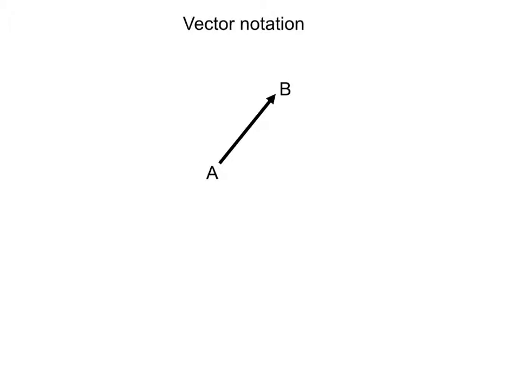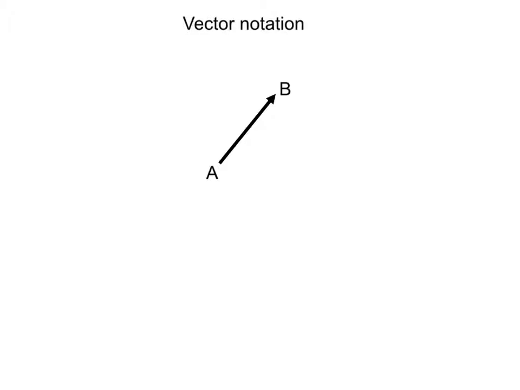Before we look at any more vector examples, we need to look at the notation we use to describe vectors. Vectors are always shown as an arrow pointing in the direction of the vector. In some cases, like this one, we mark out the starting point and the end point of the vector.